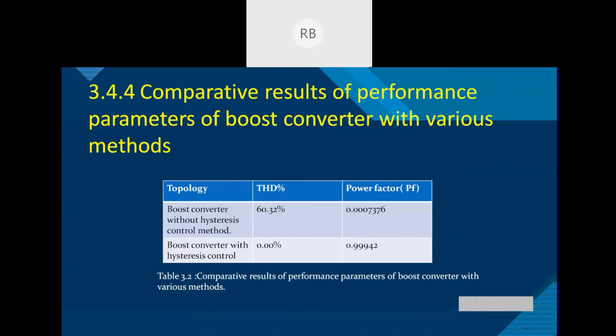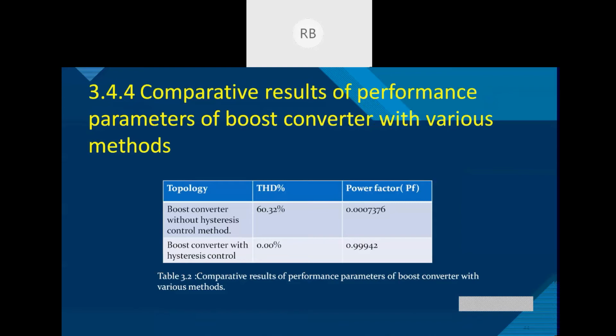And with hysteresis control, we can see how much difference the result has shown. The total harmonic distortion is 0.00% and the power factor is 0.9942. So this is the improvement with the use of hysteresis control, where the harmonic distortion is removed and along with it the power factor has been improved immensely.